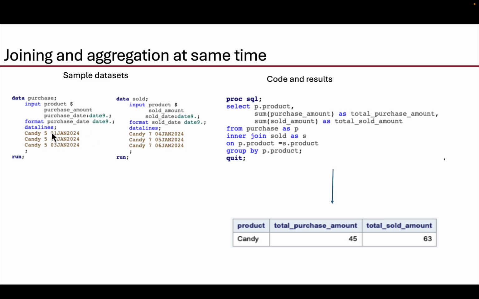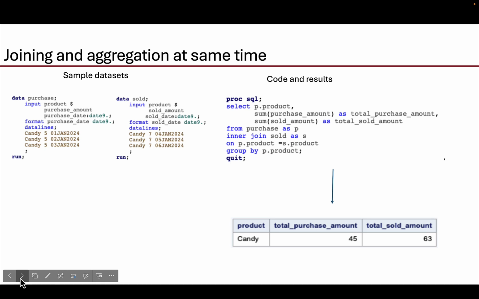In here I have just one product, candy, and in the sold data set I also have only one product, candy. What I really want to do is see the total purchase_amount for candy in this data set, and also the total sold_amount in this data set, and I want all of this in one result or one data set.